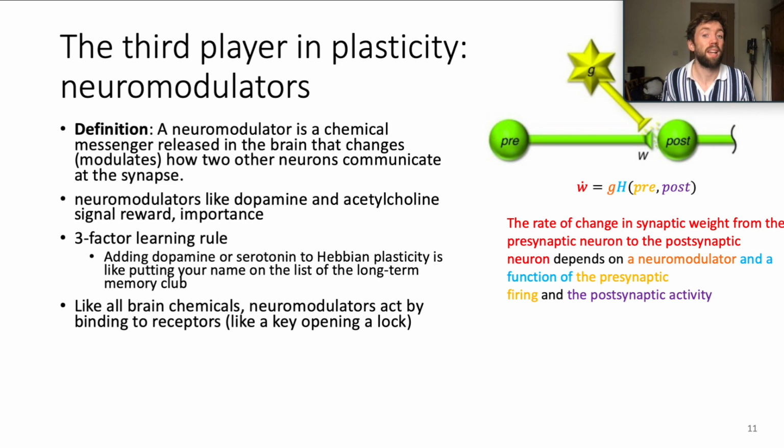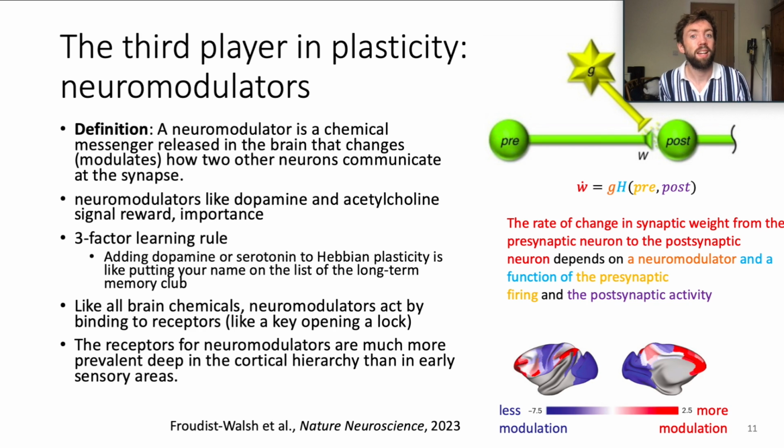Like all brain chemicals, neuromodulators act on neurons and connections by binding to receptors, and that works a lot like a key fitting in a lock. A particular neuromodulator will only bind to its own receptors. And we actually found that these locks that neuromodulators can bind to, or the receptors, are much more prevalent deep in the cortical hierarchy, so in the prefrontal cortex and parietal cortex, than in early sensory parts of the brain, like V1.